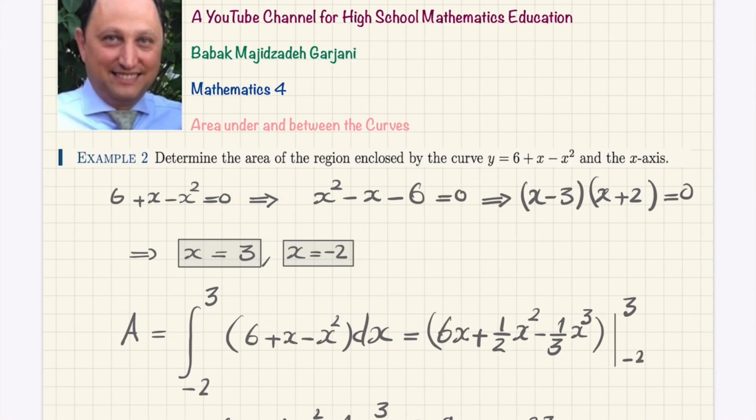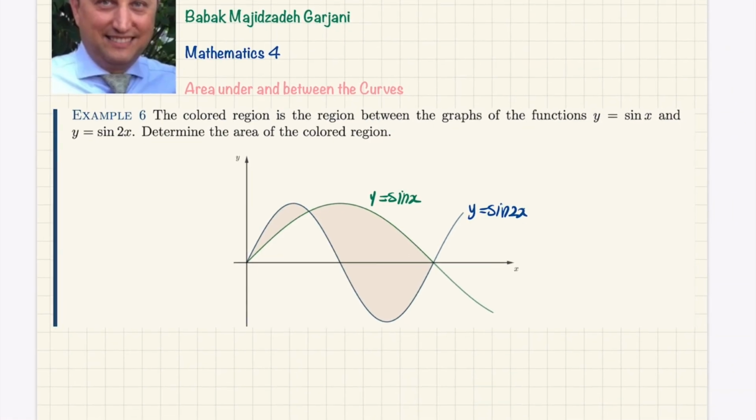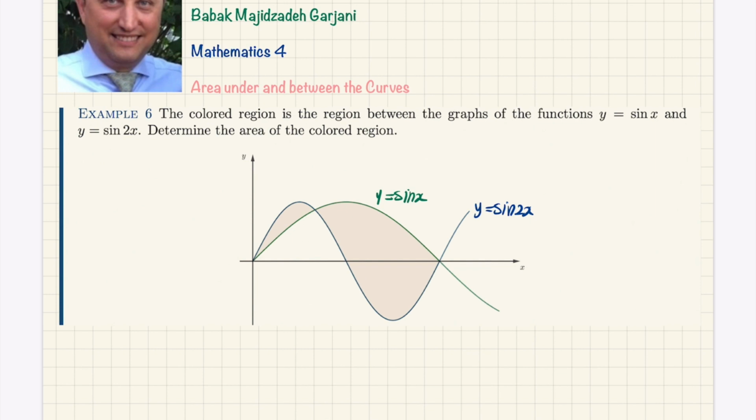Here the problem is unfortunately not that easy. This is actually one problem similar to the book. On this part, the blue one is above the green one, but after we pass this point, suddenly the green one is above the blue one.